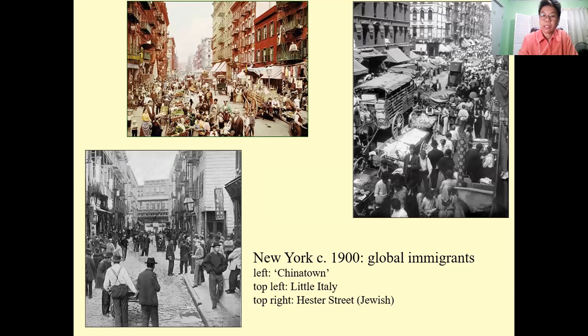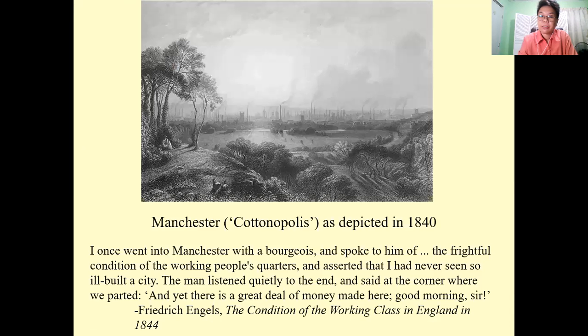So these are some of the historical cities that grew drastically because of immigrants, and of course Manchester, what you call Cottonopolis, as depicted in 1840. The setting was described by a proficient sociologist, Frederick Engels, in his writings.